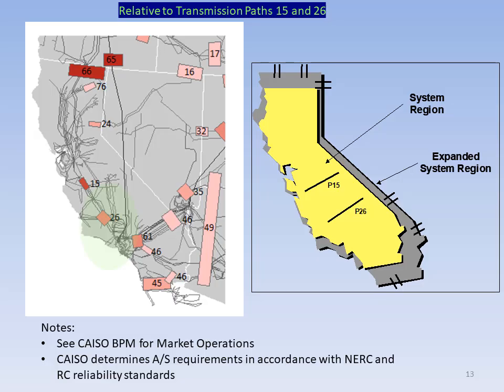As just mentioned, ASMPs are determined by calculating the shadow prices for each ancillary service type in the ancillary services regions and subregions. The regions and subregions, defined in the tariff, are located relative to two critical CAL-ISO transmission corridors, Path 15 and Path 26, pictured figure left.